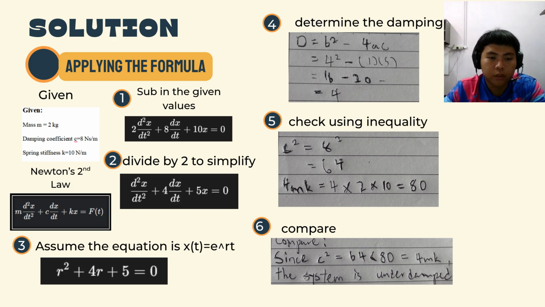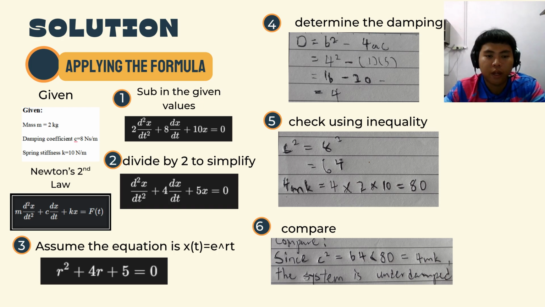What we're going to do is divide it by 2 to simplify the equation. How do we do it? We divide each of the given terms by 2. So it will become d²x/dt² + 4 dx/dt + 5x = 0.